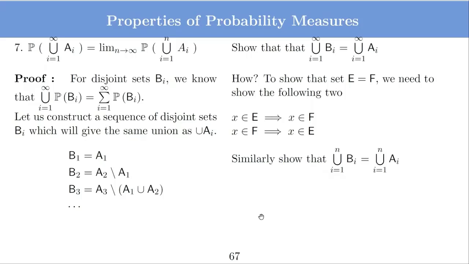Okay, so just remember that applying the limit on the left hand side is not possible because it is not defined how you take the limit on the sets. You cannot say limit n tends to infinity of the union of Ai where i is 1 to n. Right? That is not defined because the limit of sets is not defined.